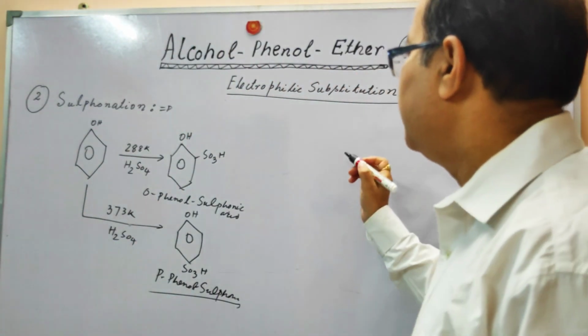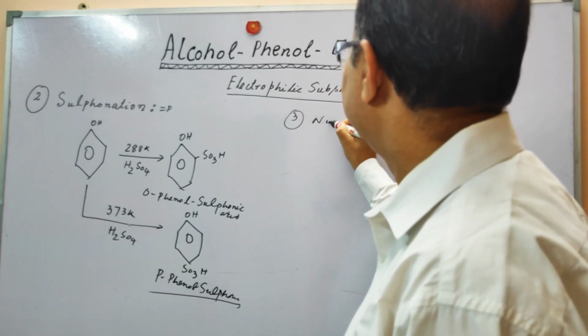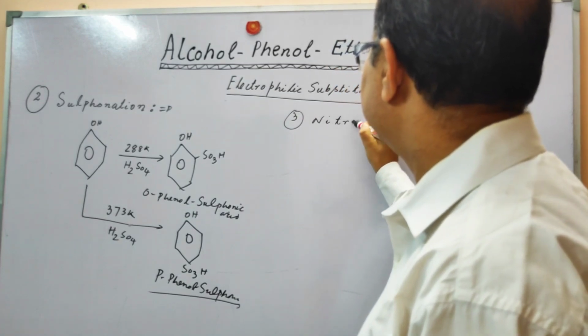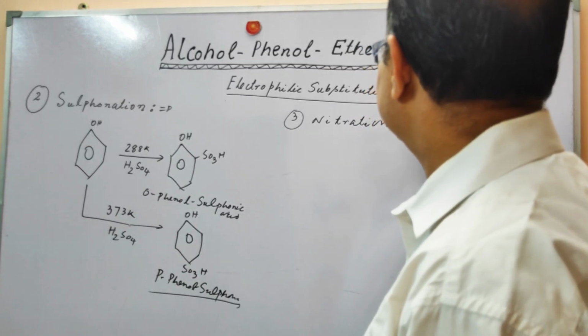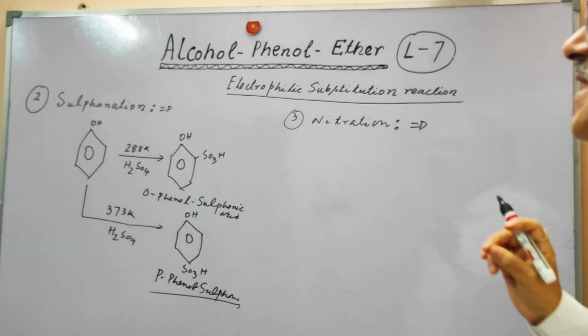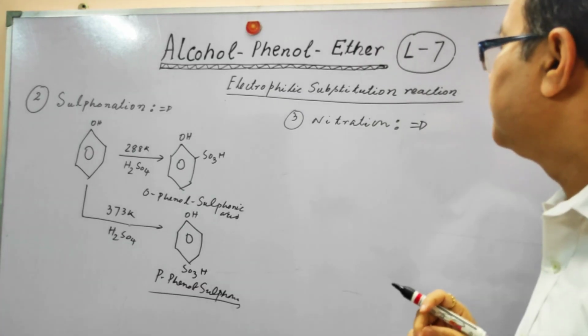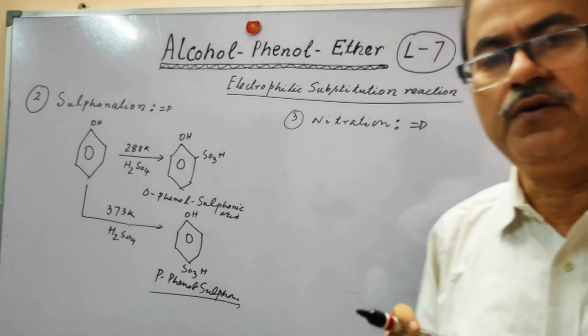The next reaction that we are going to discuss is the nitration. In the nitration, it is basically the incorporation of the NO2 group in the benzene ring. Nitration also occurs, and different types of products you can observe.